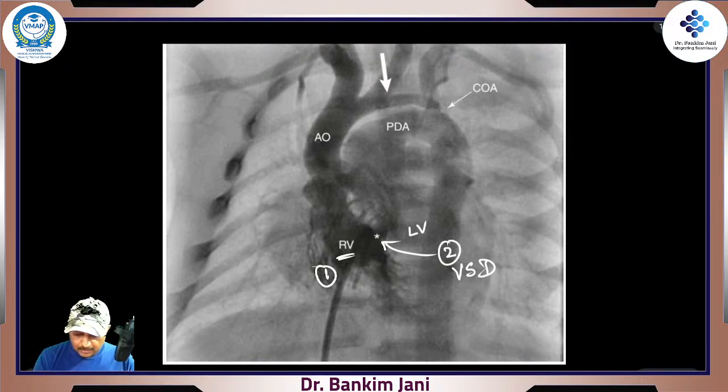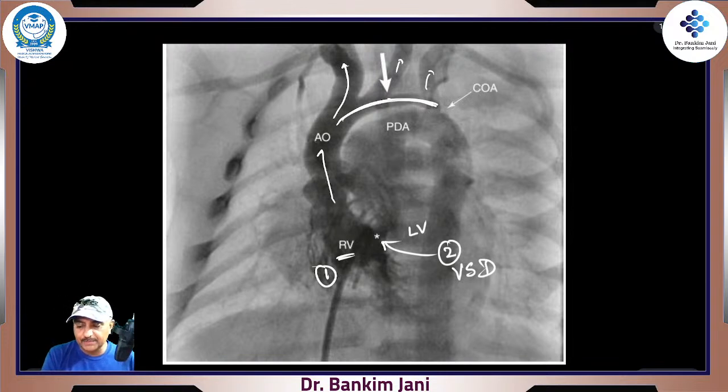Then that's the right ventricle, and from the right ventricle, see the aorta. You can immediately see that this one is the brachiocephalic trunk, this is the left common carotid artery, and then the subclavian artery. Over here, subclavian artery, and this is the arch of the aorta.